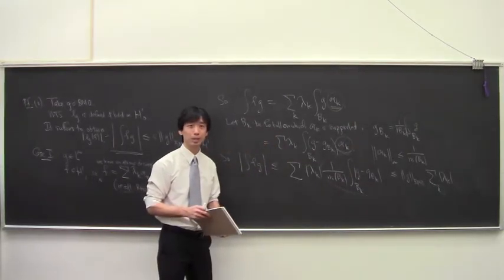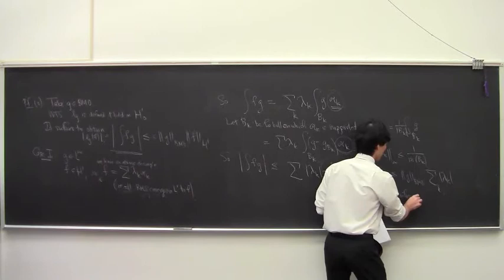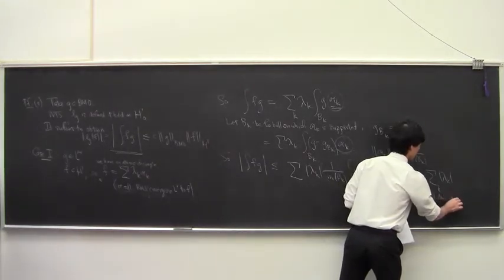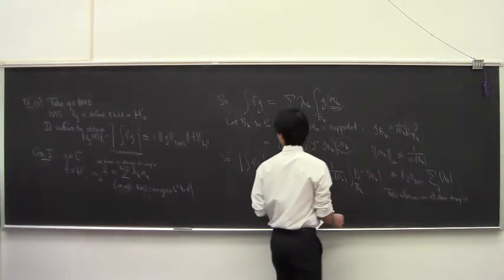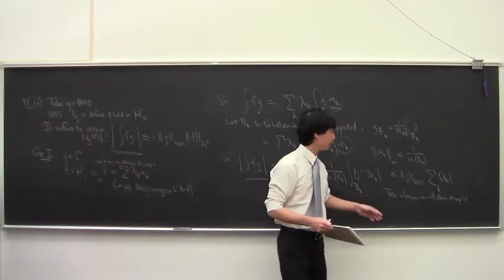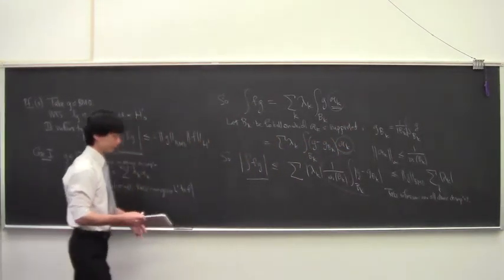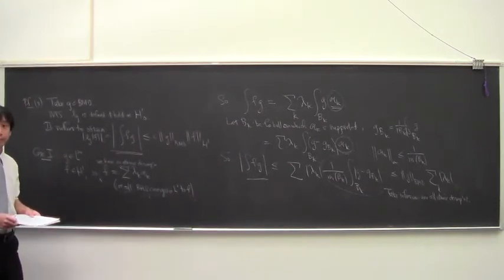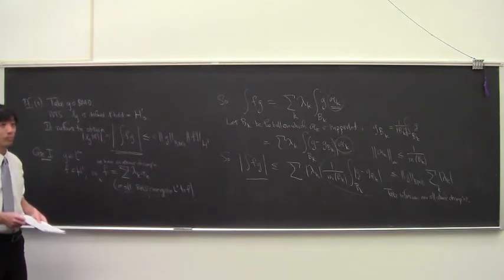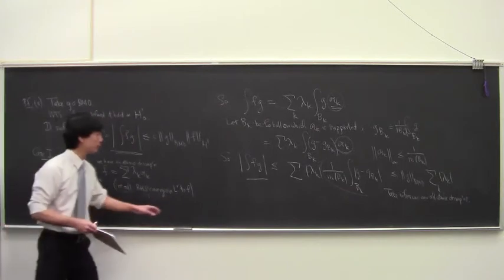You take the infimums over all atomic decompositions, and you get that this thing is controlled by exactly the BMO norm of g against the H1 norm of f. Any questions? Pretty straightforward.